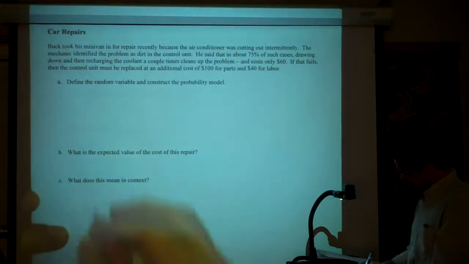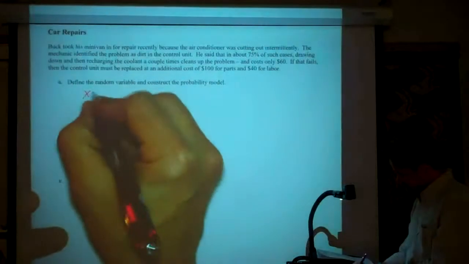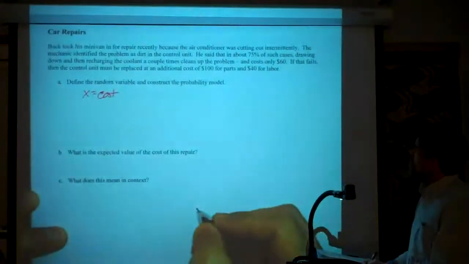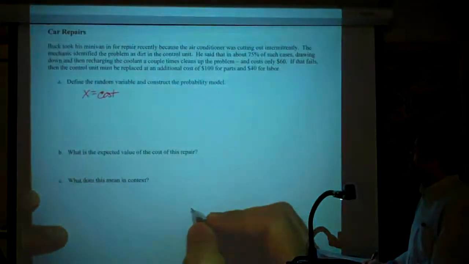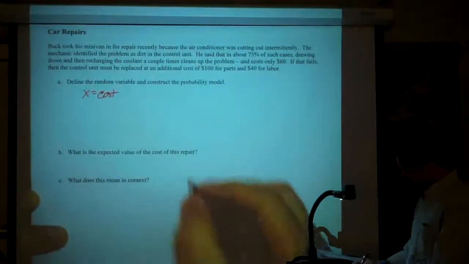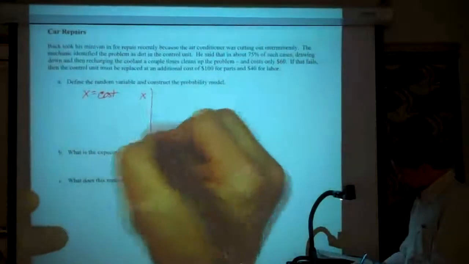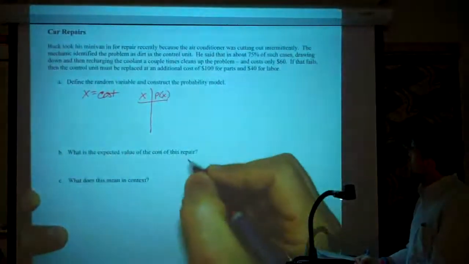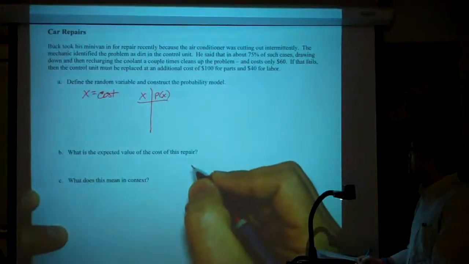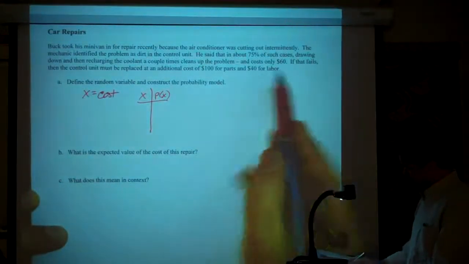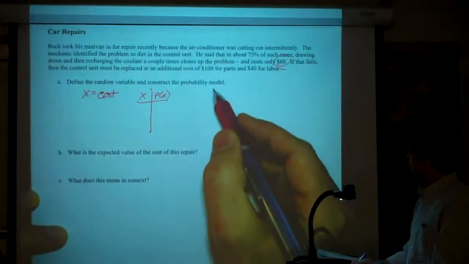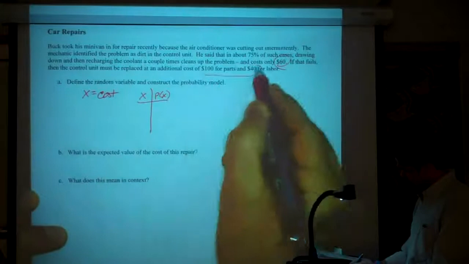Okay? My random variable is x is the cost. The cost of fixing this problem. And so I'm going to make a little table here, x and the probability of x. It looks like x might take the values of 60 or 60 plus 140.